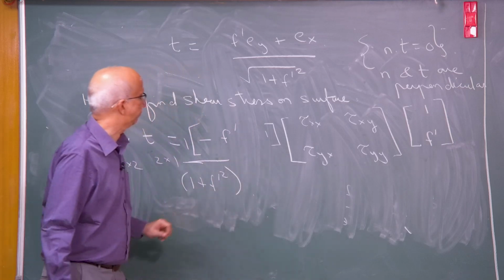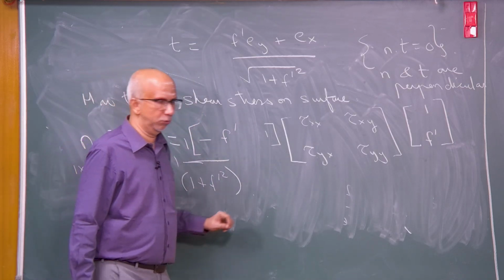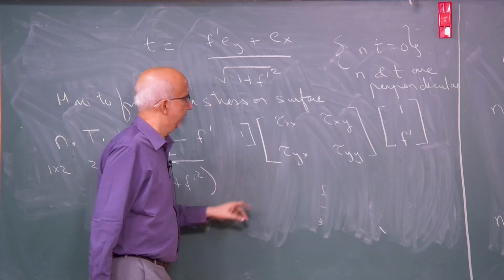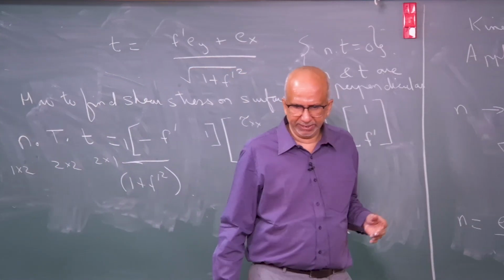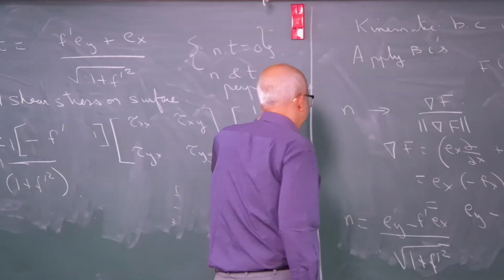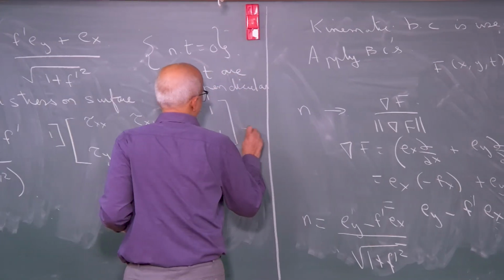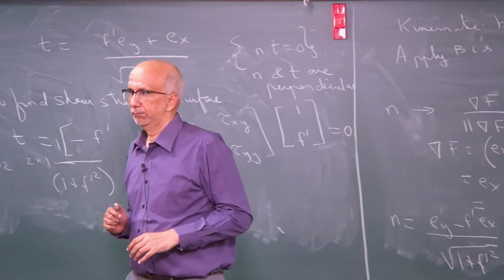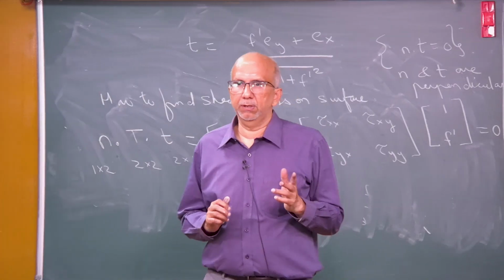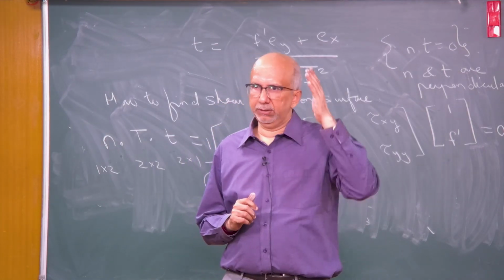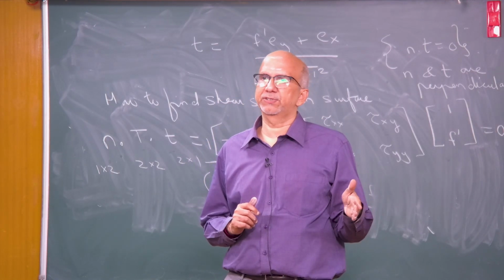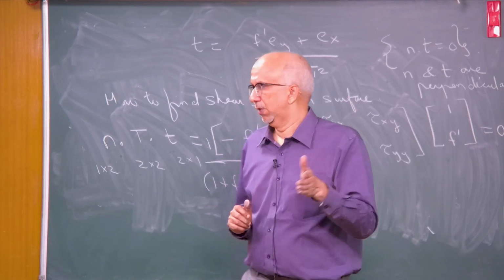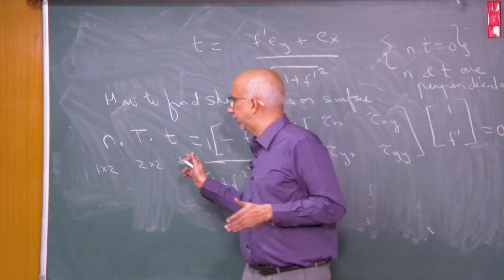So, I am going to take the product of these two first and then of these two, whatever I get, and I will get my result. So, this must be equal to 0. This equal to 0 is my boundary condition. The idea is on the surface the shear stress is 0, the tangential stress is 0. This is the tangential stress component.